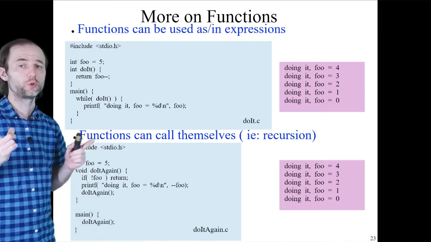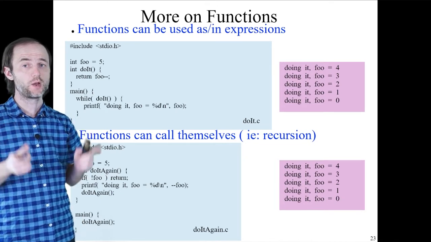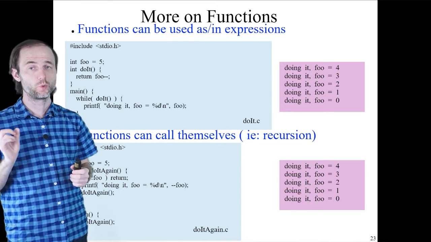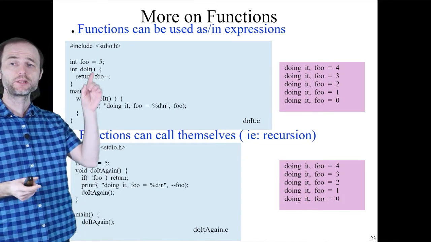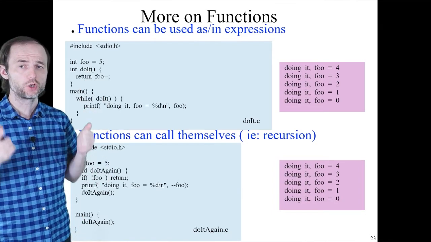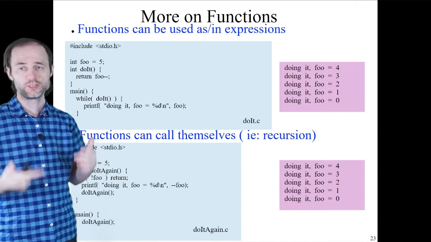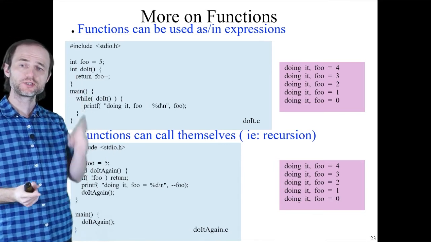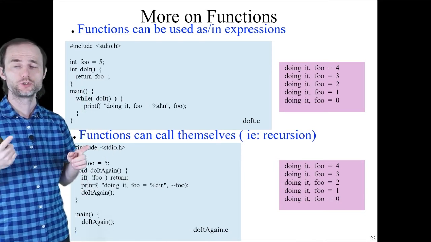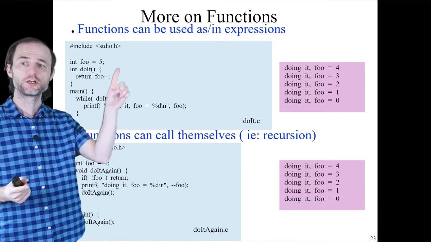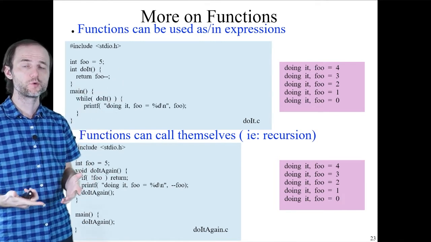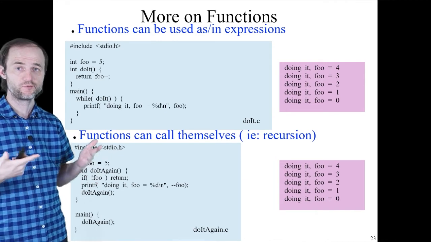There are a few cool things about functions that I wanted to share with you in addition to what we just saw. Namely, that you can call functions as part of expressions. So for instance, in this example, we're going to first declare a global variable foo and assign 5 to it.